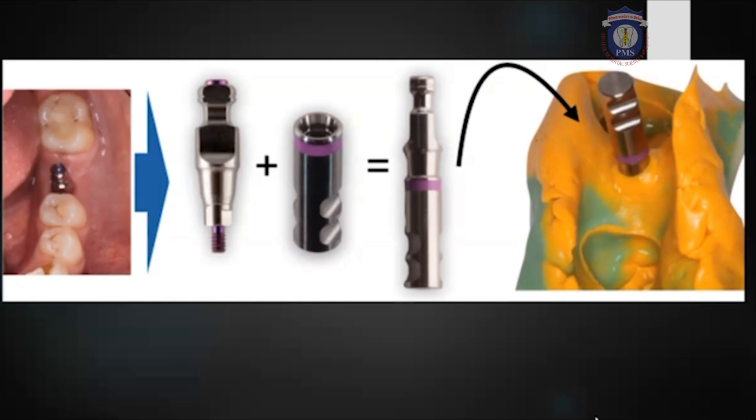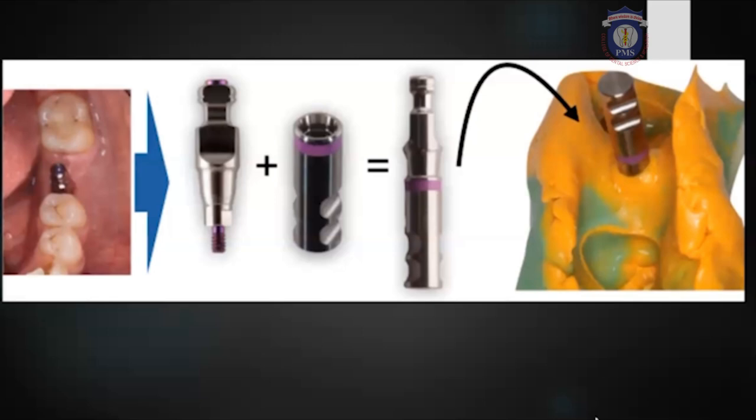Once the impression is removed, the impression coping, which is still in the patient's mouth attached to the implant, is removed, connected to an implant analog, and transferred into the impression which has already been taken.